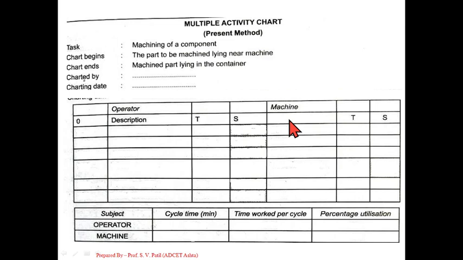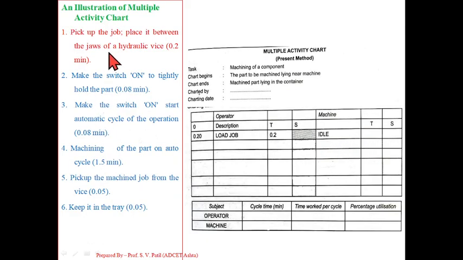Then at the right hand side, machine, the time consumed for the elements on the machine and the symbol for the same. So here we'll refer to the given activities and we'll try to fill this table.